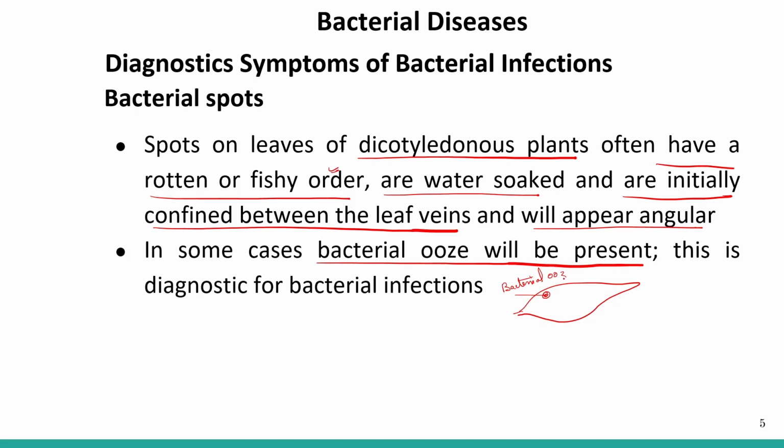That is called bacterial ooze, and this is diagnostic for the bacterial infection. This bacterial ooze is very important to diagnose the bacterial infection. Some infections are very common, and we cannot diagnose whether it is a bacterial infection or a fungal infection. But when there is a bacterial ooze, then this can be considered as bacterial spots, and that is the infection of bacteria.